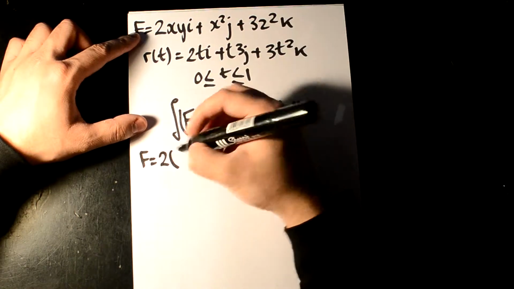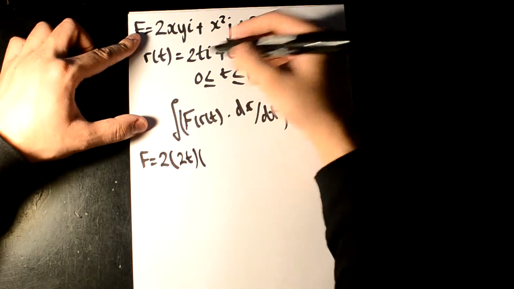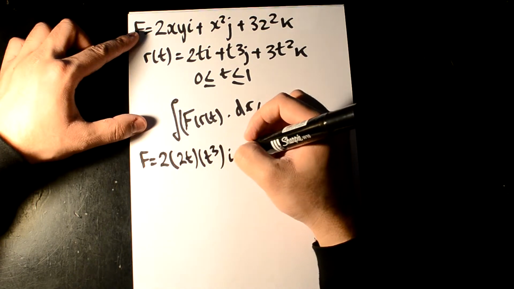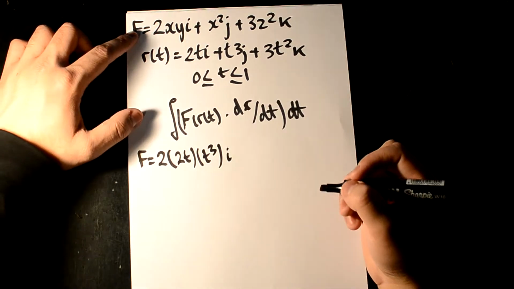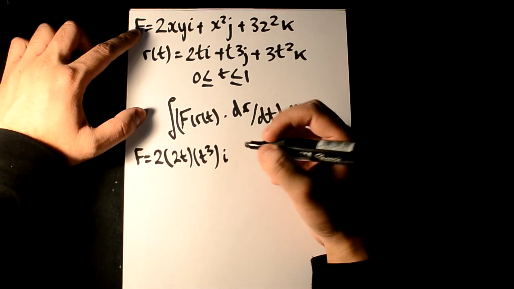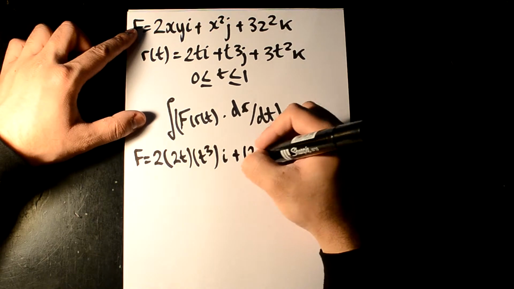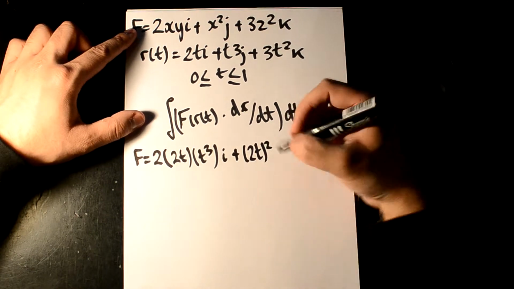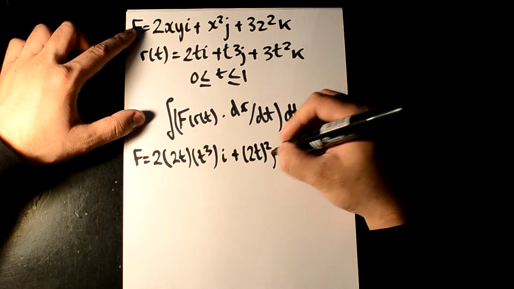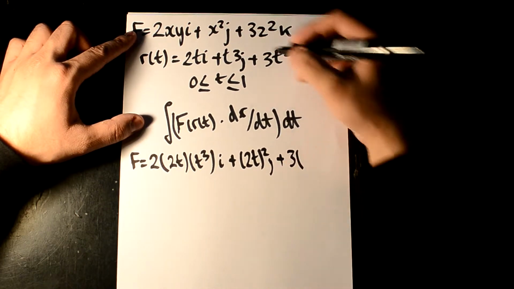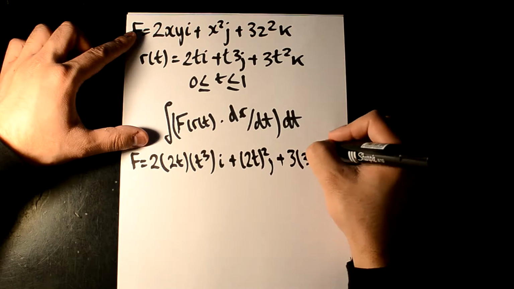So we're going to have 2t, and then the y part is t cubed. And then we have x squared, which is going to be 2t squared. And then we have 3z squared, which is 3t squared, squared.